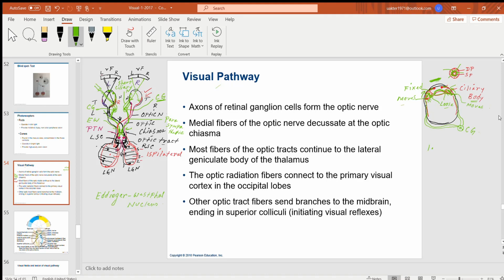One is the accommodation: parasympathetic activation will make the lens more round, because the ciliary muscle will contract, and that will relax the suspensory ligament, letting the lens get more round, and that will help in near vision. Number 2, constriction of the pupil.